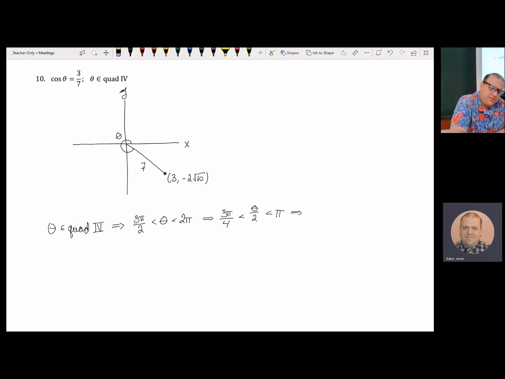Which puts us where? Second. In quadrant 2.